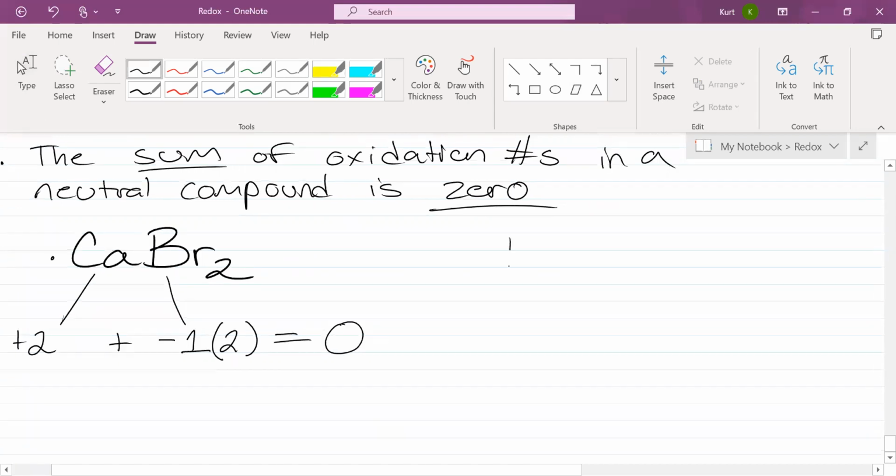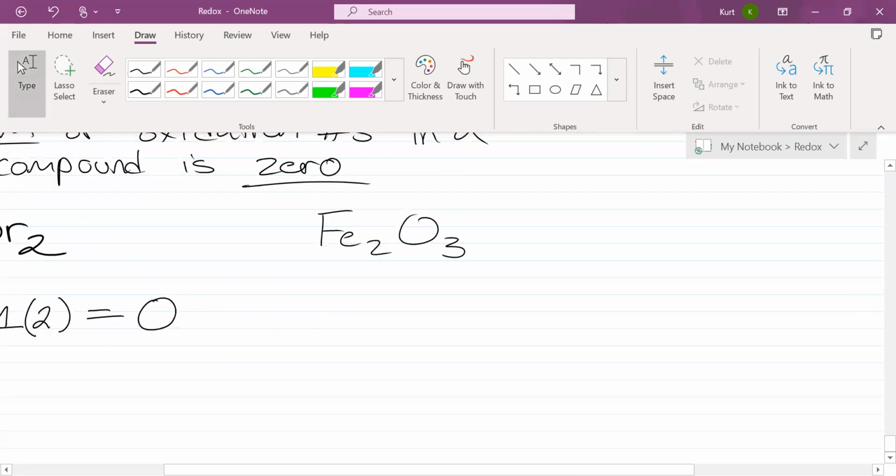How about this? This is going to be rule number 5. What is the oxidation number of oxygen? -2. How many oxygens are there here? 3. What is -2 times 3? -6.